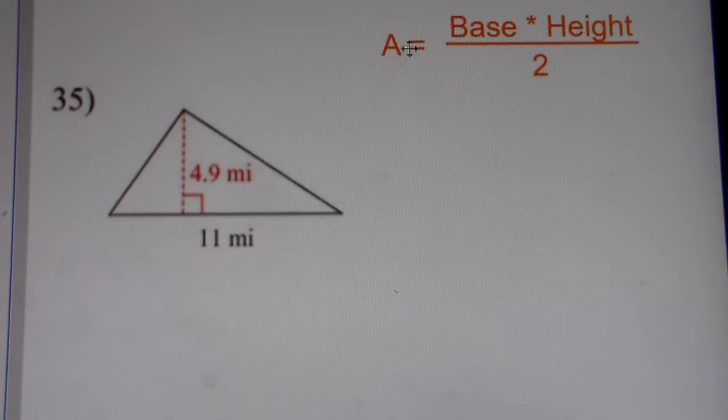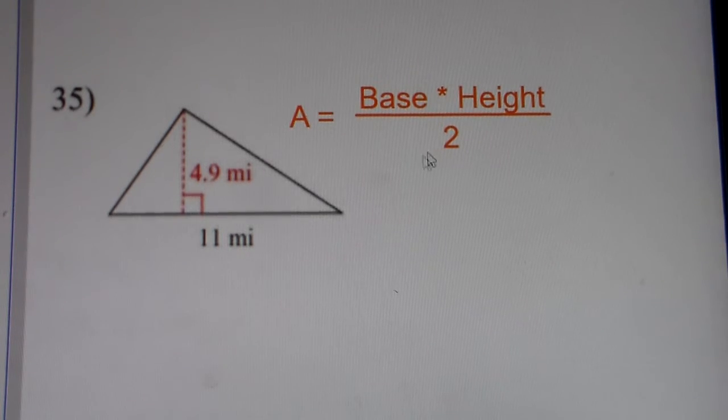Define the area of a triangle. Area of a triangle is base times height divided by 2. So we got to do 11 times 4.9. So we type that into the calculator, 11 times 4.9. And we divide that by 2. So you get 26.95. So the answer here is 26.95 for number 35.